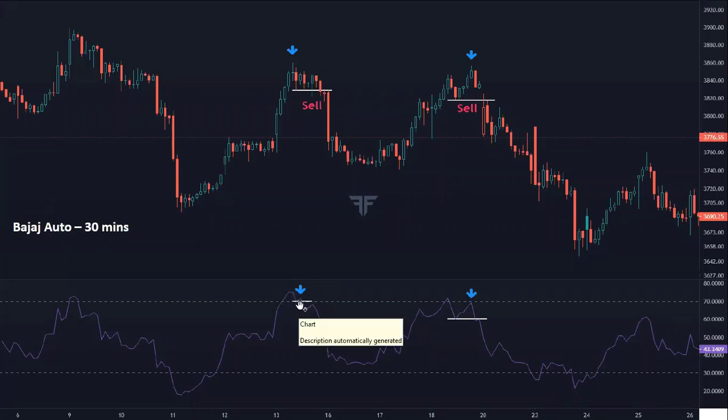I've drawn a trend line connecting the intervening low. Then at this point, you see that the RSI has broken this trend line and moved below the overbought zone. Now, if you look at the price, just 2 or 3 candles later, the price is breaking below this horizontal low.